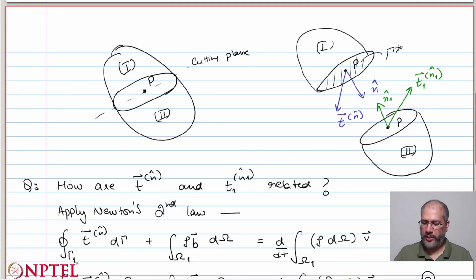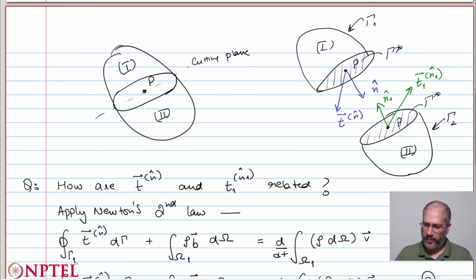So we'll call this gamma star, and we are calling gamma 1 the area of this part 1, which is the complete area that includes gamma star as well, because gamma 1 is the bounding area for part 1. Similarly, gamma 2 is the bounding area for part 2, and this area is still gamma star, because that is just the opposite of the cutting plane.